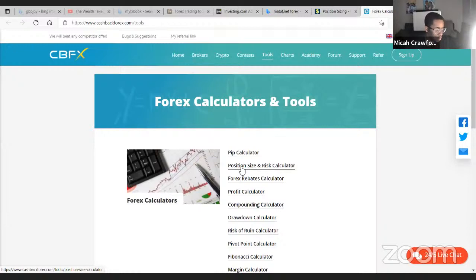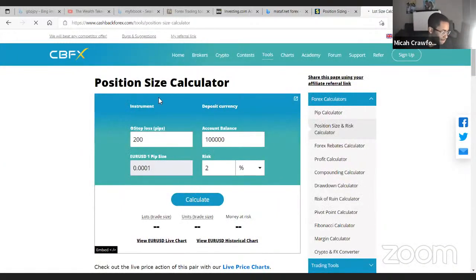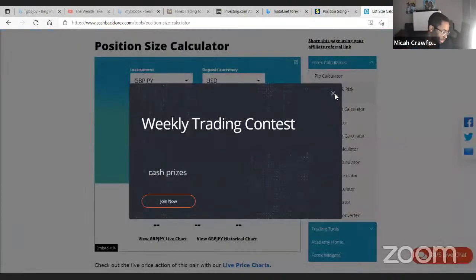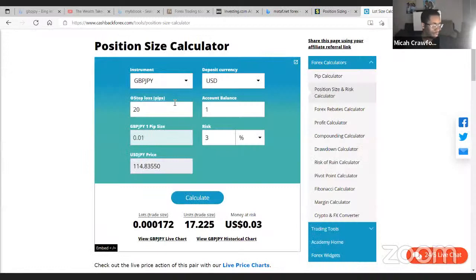If you come over to position size and risk calculator, let's say we were trading, again, GJ. I'm only risking 30 pips. My account balance is, let's say, $200.